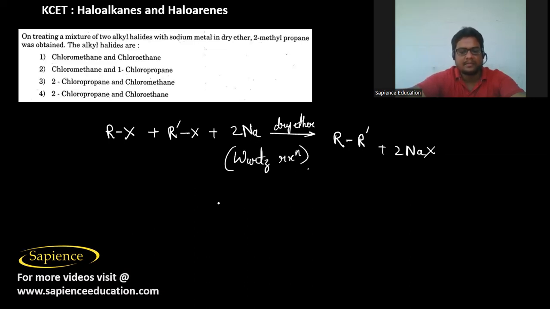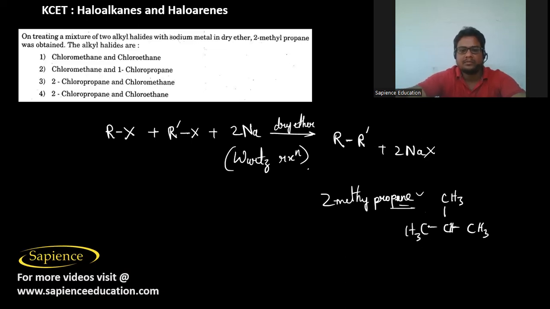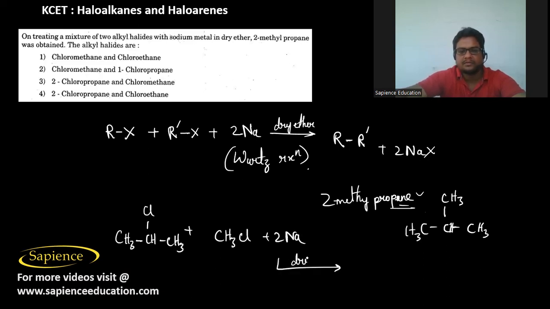So here the alkane which is formed is 2-methyl propane. Now how can it be formed? It can be formed by using CH3CHClCH3 plus CH3Cl plus 2Na in the presence of dry ether.